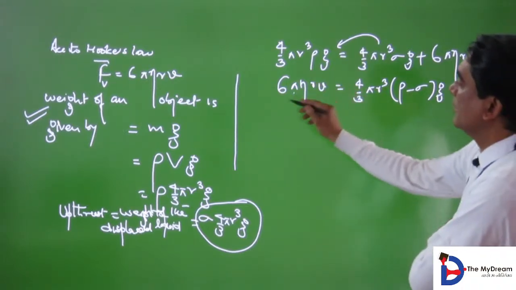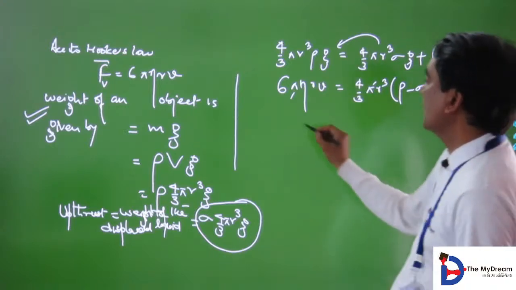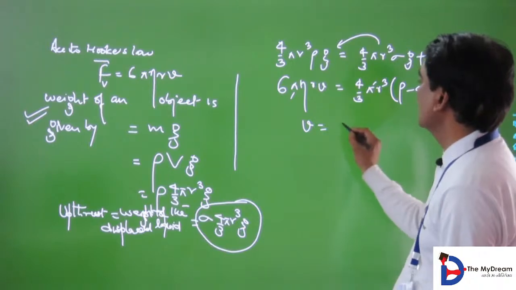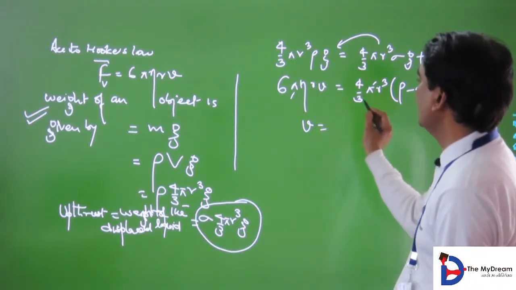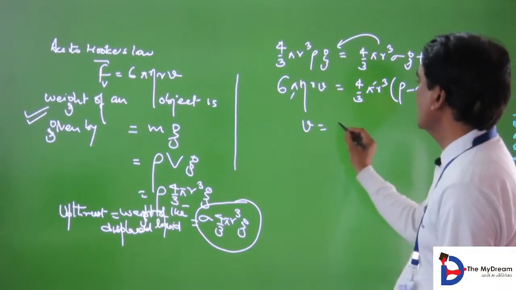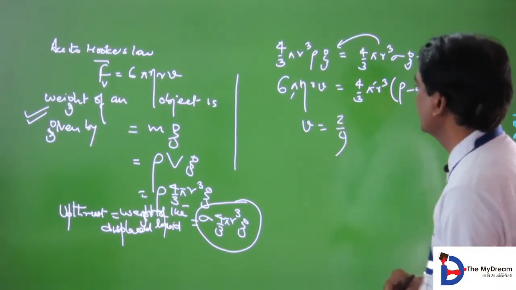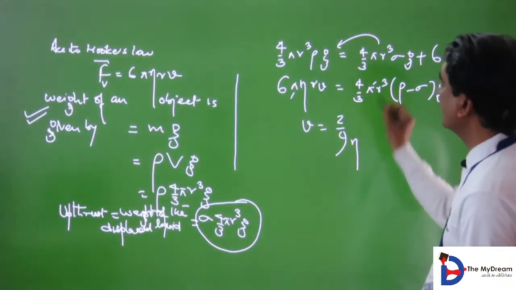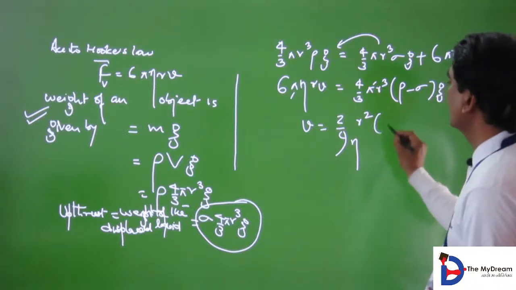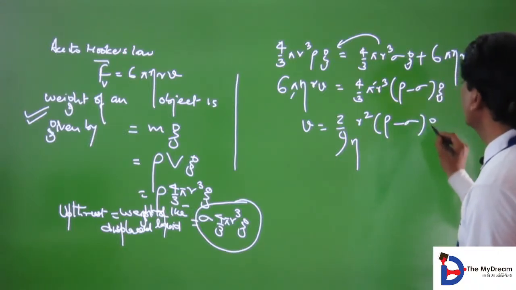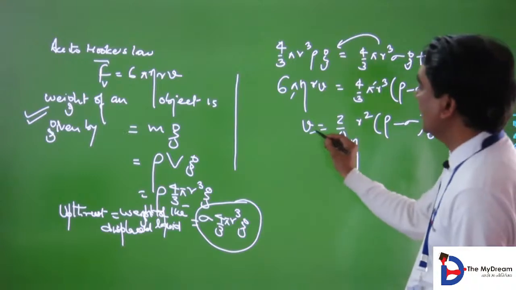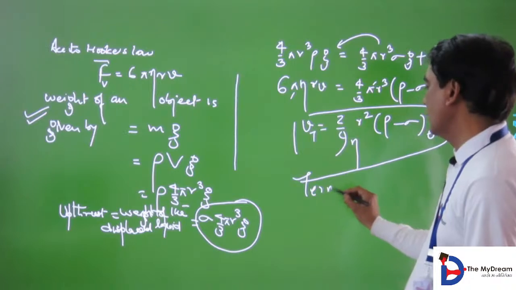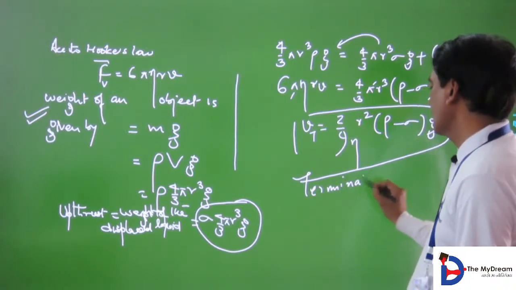Pi and pi cancel. Now this is 2 by 9 rho minus sigma into g by eta, and r cancels. This is the terminal velocity.